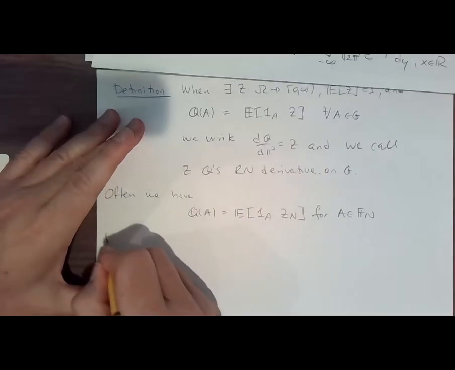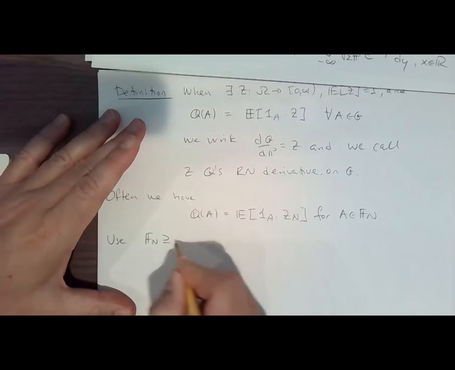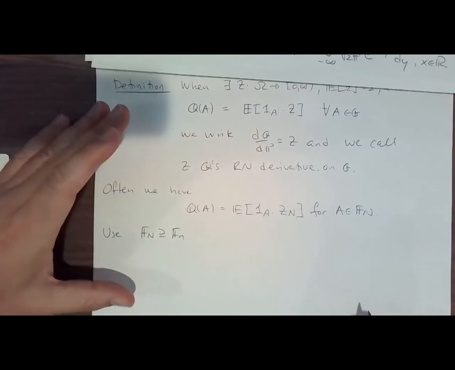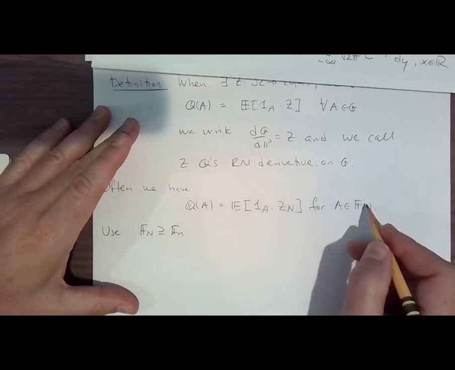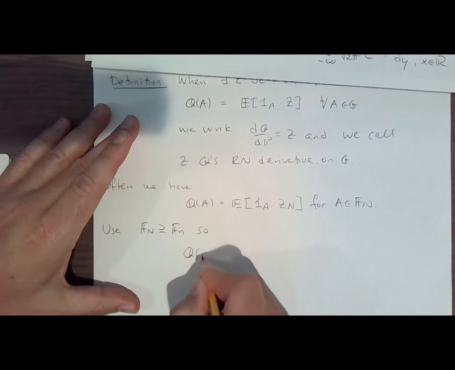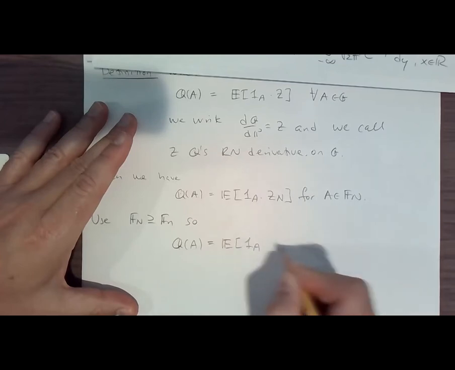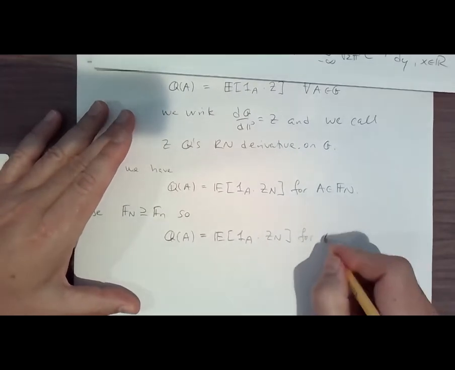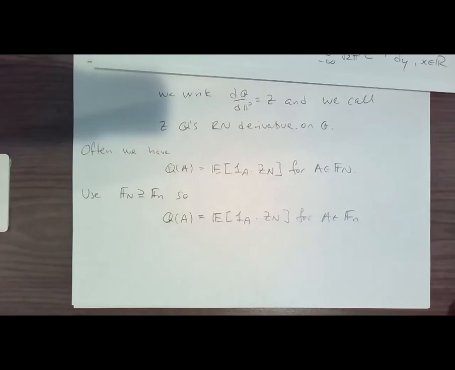Then we use that if n is increasing, this thing here is bigger than if little n. So this formula works not just for A in the big one, but also for any A in smaller ones. So Q of A is equal to the expectation of 1A times Cn for A in Fn, where n is smaller.